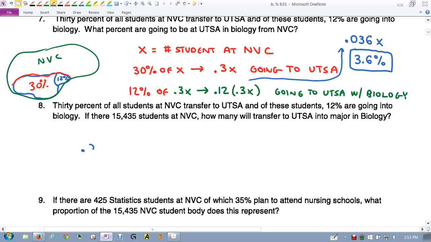So I need to do the 0.036 times x, but I know x now is 15,435, which is... are you kidding me? We're going to take 0.66 of a person.